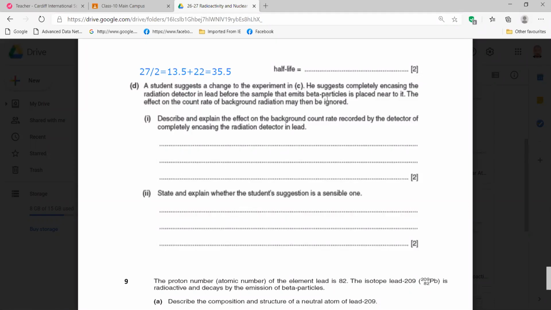Only some part of the gamma rays will be able to reach the detector and be detected there. The others will just bounce off. Alpha and beta will be stopped. So can you write these 2 points, Ziba? First point and second point.